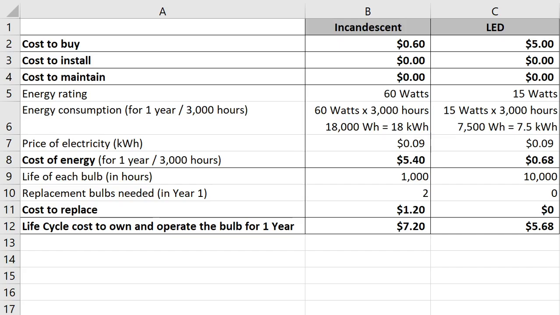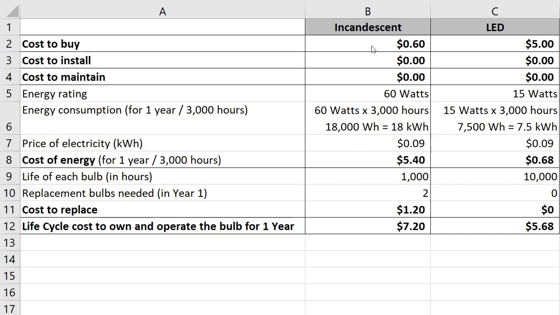Okay, so it's reached a point where in my office I've got one light fixture and it needs to be replaced. And I have an option between an incandescent or an LED light bulb. Both of those options have a different cost to buy.